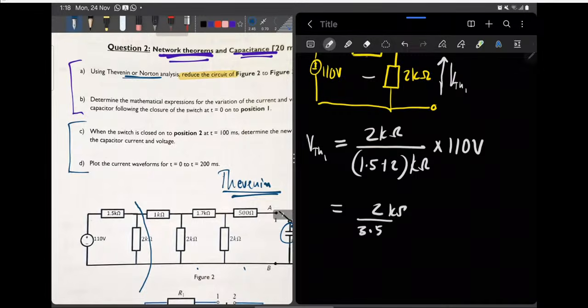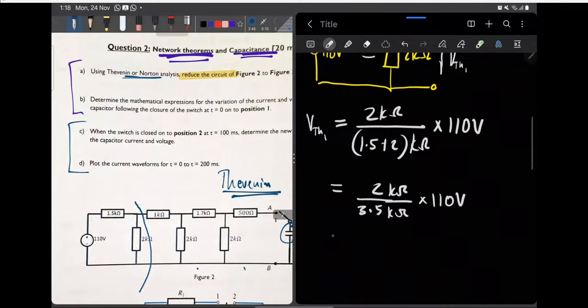I punched that. So I'm going to say 2 divided by 3.5, times 110. Well, here I'm going to get an answer with a lot of decimal places.